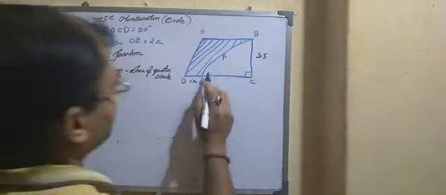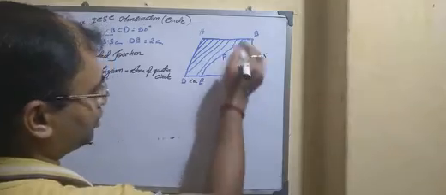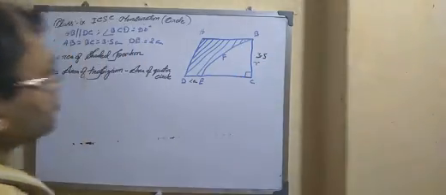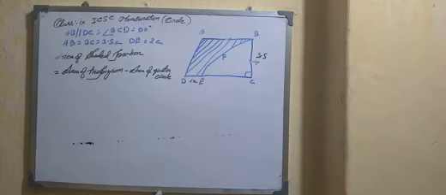For the circle, 3.5 is the radius r of the quarter circle. AB and BC are equal.